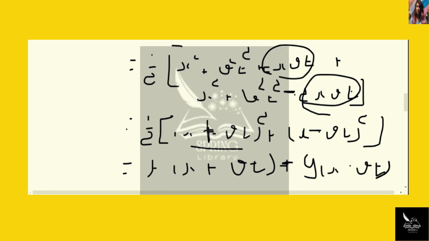So that will be equivalent to function f of x plus vt, as we can see over here, plus function g of x minus vt, which is over here.